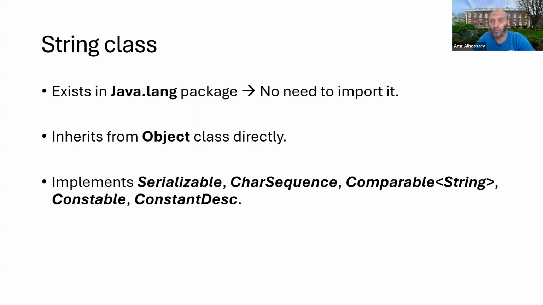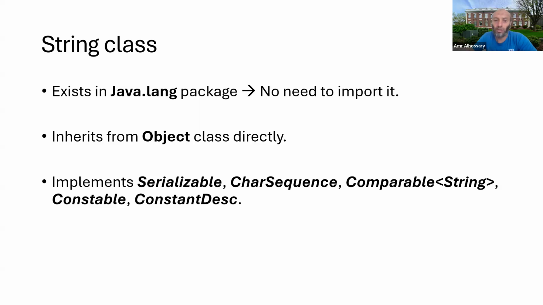I assume you remember that. The String class inherits from Object directly, so it doesn't have multiple inheritance or a long hierarchy. In addition to being derived from a class, which we'll discuss later, it has some features which we define as interfaces.